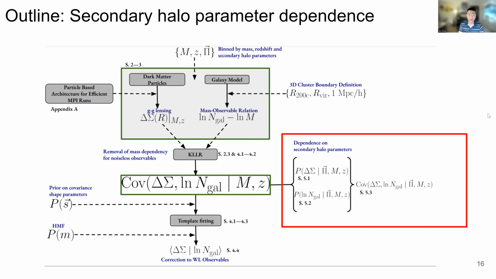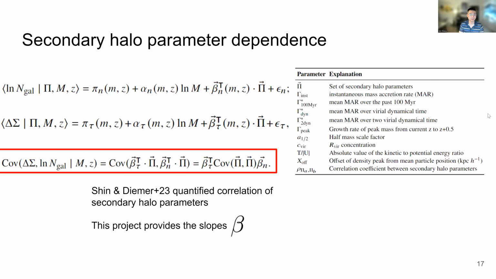Next, I will talk about the dependence of the covariance on secondary halo parameters. Here, we model richness and delta sigma as a multilinear function of the secondary parameters, where beta is a vector of the slopes, and pi is a vector of all of the secondary dependence parameters, which includes the mass accretion rate, half mass scale factor, concentration, kinetic to potential energy ratio, and miscentering offset.